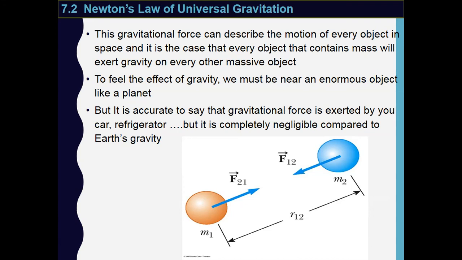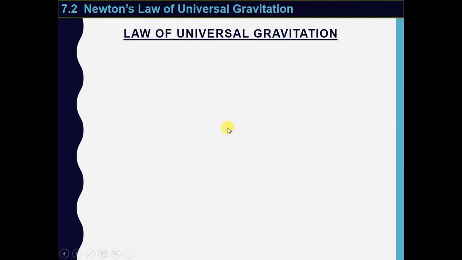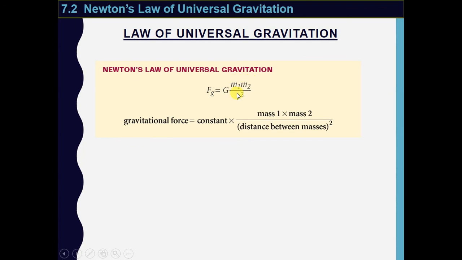So every particle, every object exerts gravitational force on another object, and to write the gravitational force, we write G m1 m2 over r squared: this constant number times the mass of the first object times the mass of the second object divided by the distance between them squared.